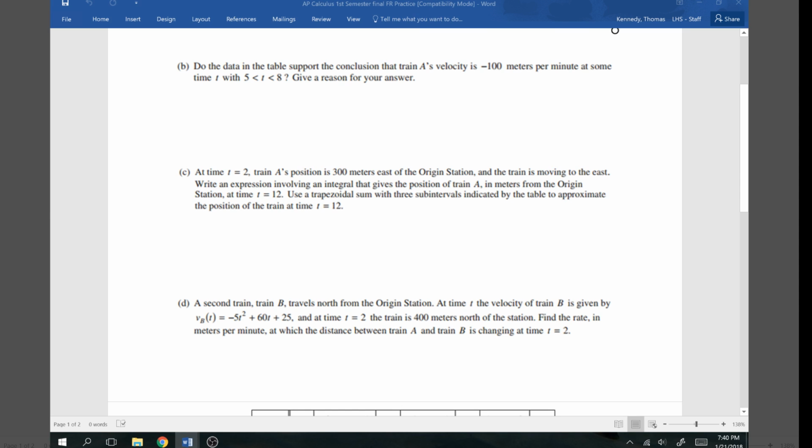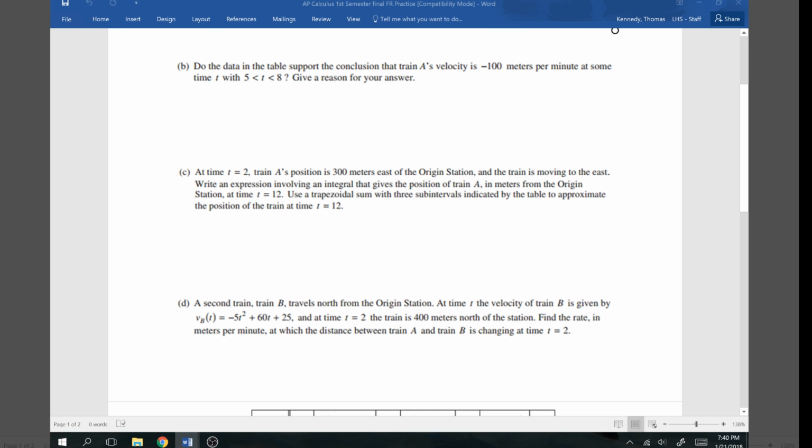All right, so C. It says at time equals 2, train A's position is 300 meters east of origin station, and the train is moving to the east. So we start out positive. East is positive. It's to the right. And if you remember on axes, right is positive, left is negative.